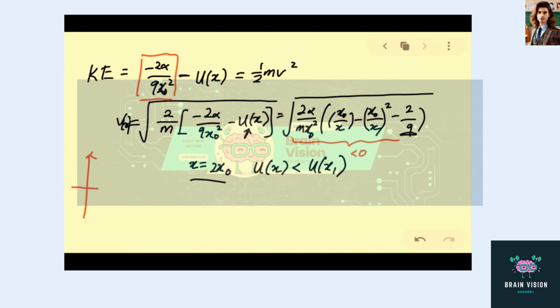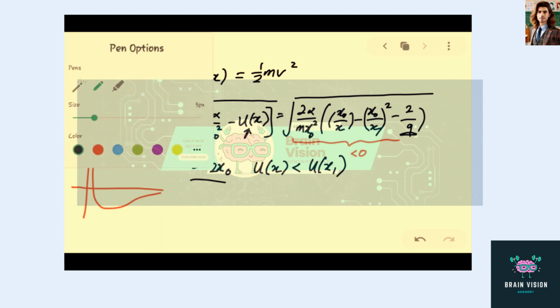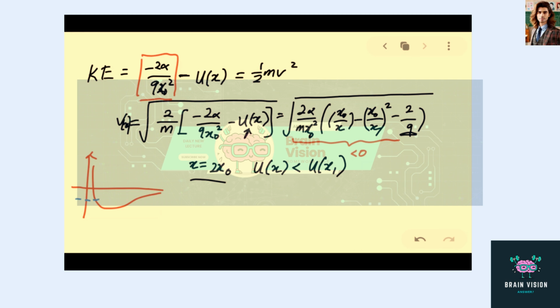In simpler terms, this is the potential, and since the particle is being released at x equals 3x naught over here, this is the total energy.